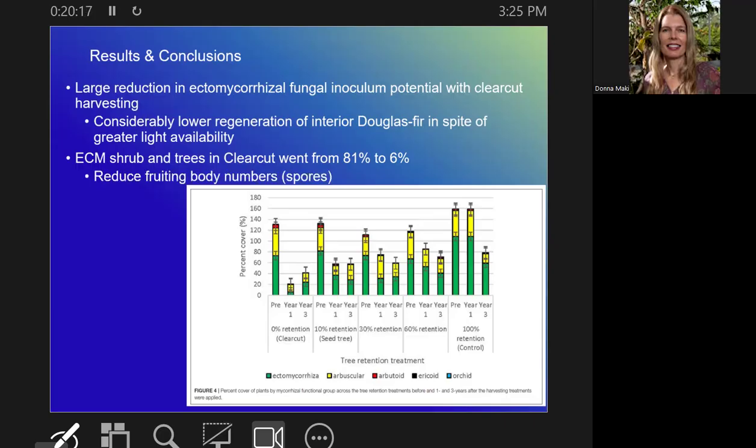So that was not good. And they said, downline from that, if you reduce all of that, you're going to have reduction in fruiting bodies, reduction in spore levels. And so you're just going to be fighting to get the ectomycorrhizals established back in that area again with the clear cutting method.